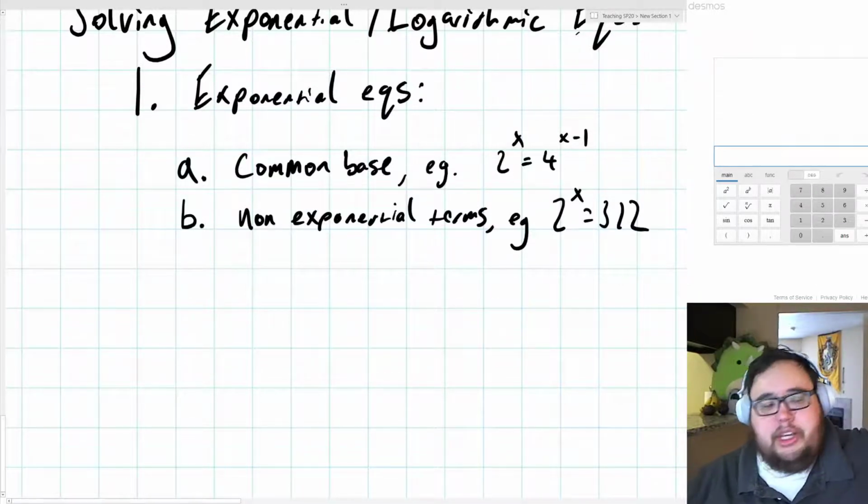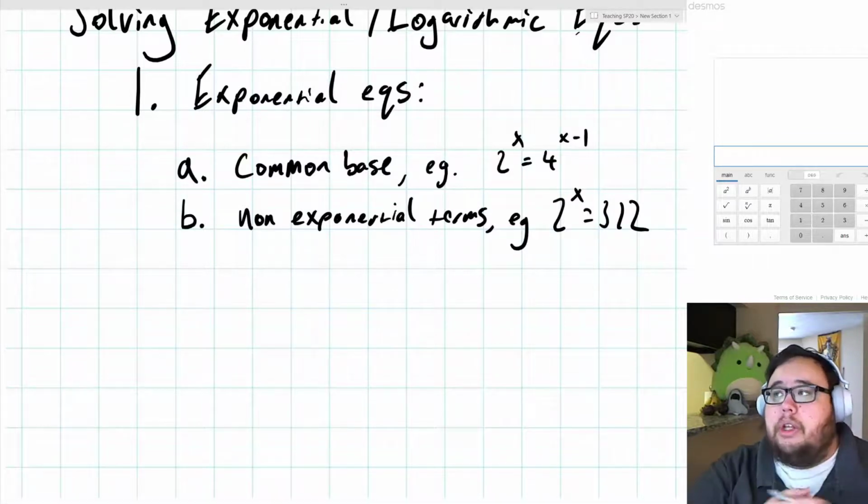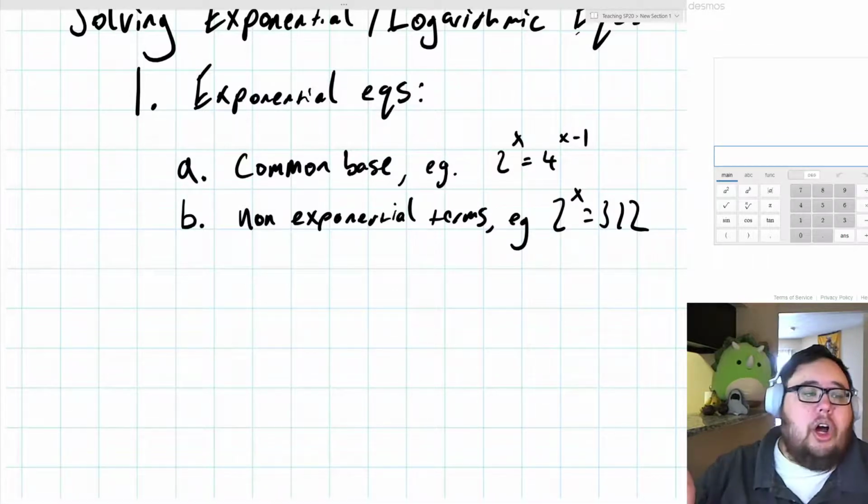For things with non-exponential terms, you're going to collect all of your exponential terms on one side and then apply a logarithm to get the x out of the exponent, right?